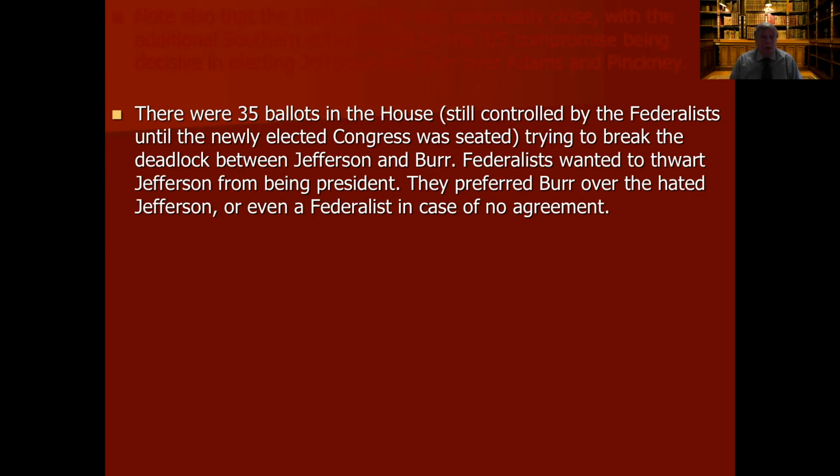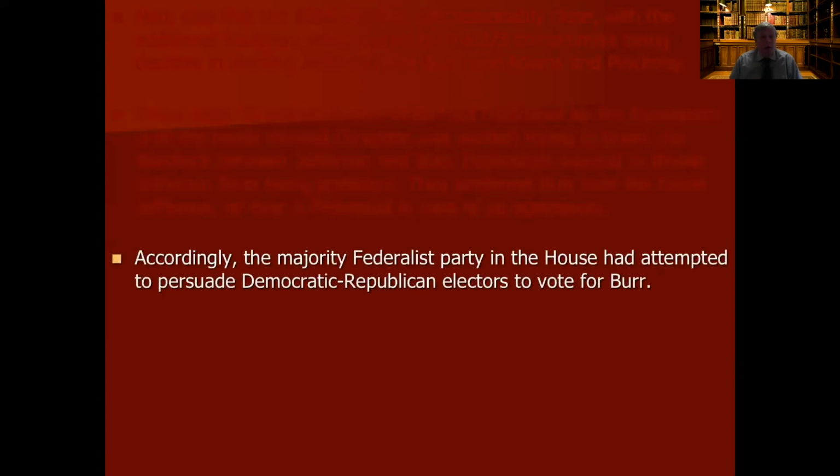Federalists wanted to thwart Jefferson from being president. They preferred Burr over the hated Jefferson or even a Federalist in case of no agreement. Accordingly, the majority Federalist party in the House had attempted to persuade Democratic Republican electors to vote for Burr.